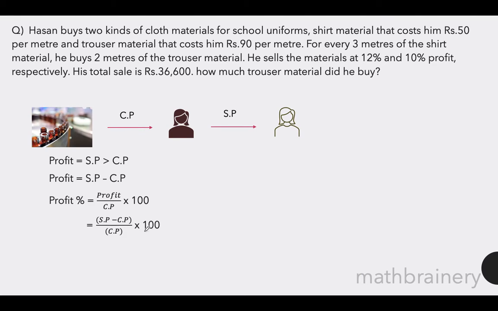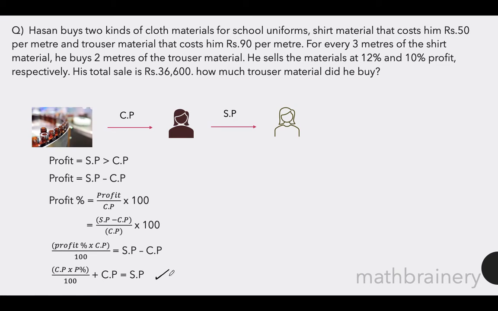Let me bring this 100 by CP on the right hand side towards the left hand side. That means I get profit percent into cost price divided by 100 is equal to this numerator, that is SP minus CP. Now let me transpose this negative CP to the left hand side. You get profit percent into CP by 100 plus CP is equal to selling price.